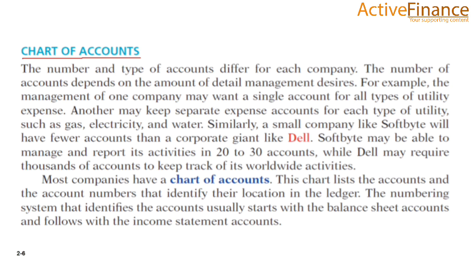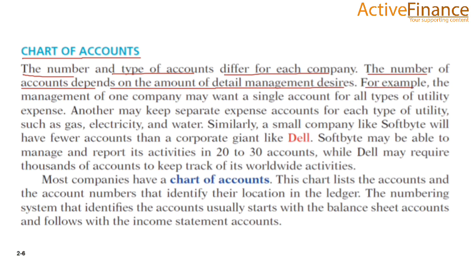So let's learn how this happens. The number and types of accounts differ for each company. The number of accounts depends on the amount of detail management desires. So it depends upon the company's management how they design the chart of accounts.